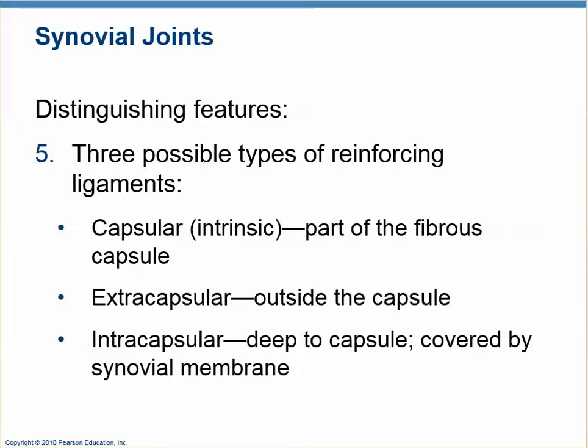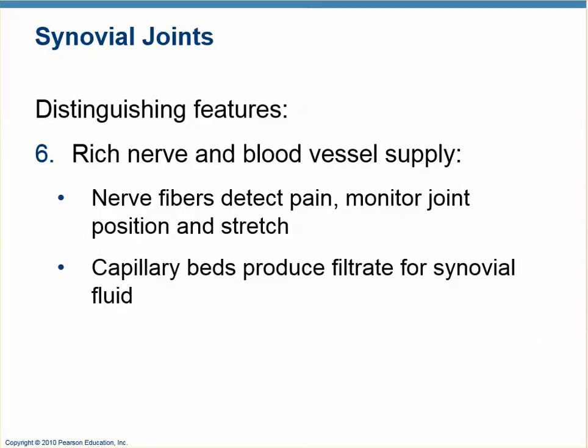Now, these joints move, and because they move, there have to be nerves that monitor where the joint is at any given time. You don't have to look down to know if your knees are bent or if your toes are curled. Your brain knows that, because in the capsule there are nerve endings that monitor joint position and any stretch on the capsule.